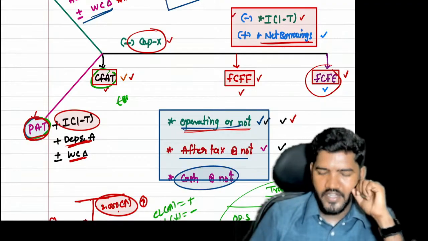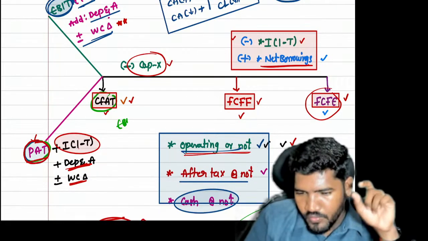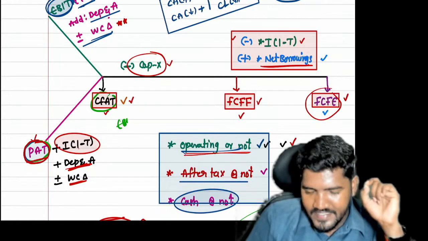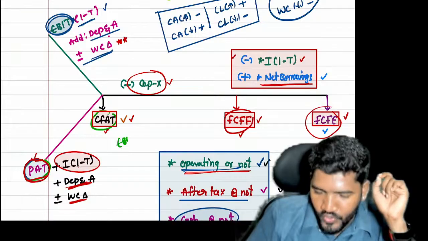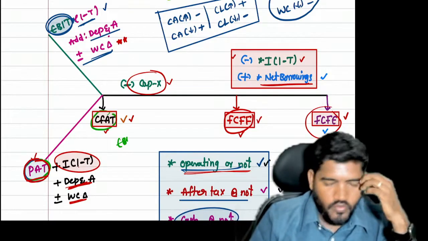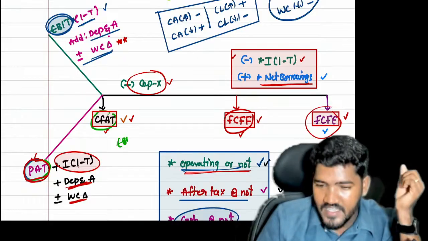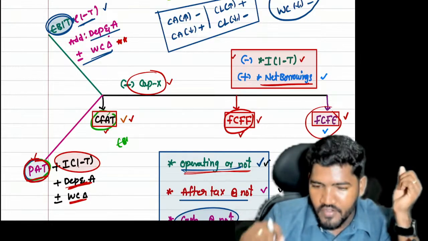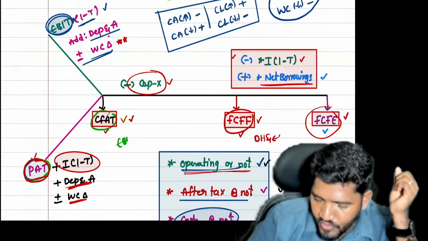Yeah, I got it, Ganesh. Interest is also an outflow, so why are we not deducting it while calculating CFAT? Yes, you can observe FCFF means the cash availability in the hands of the company for settlement of debenture holders and equity shareholders.